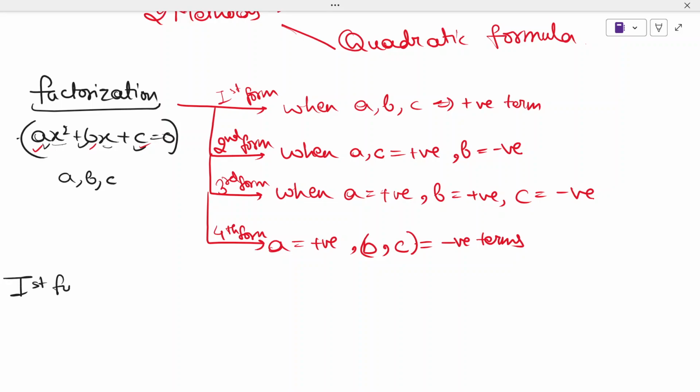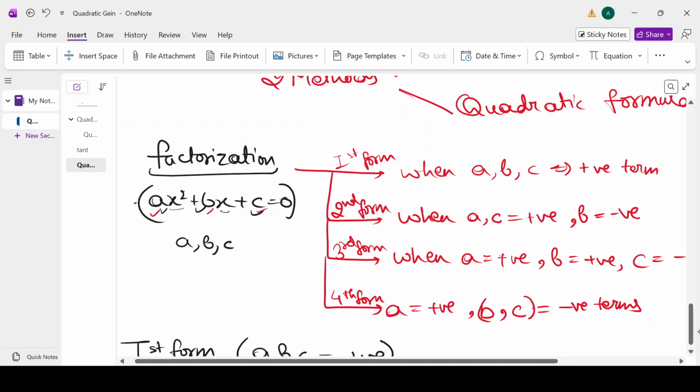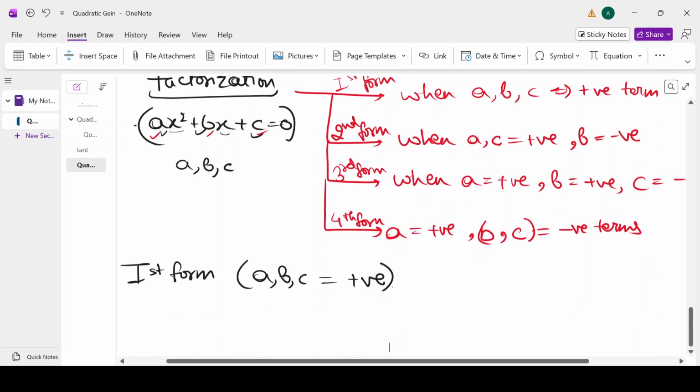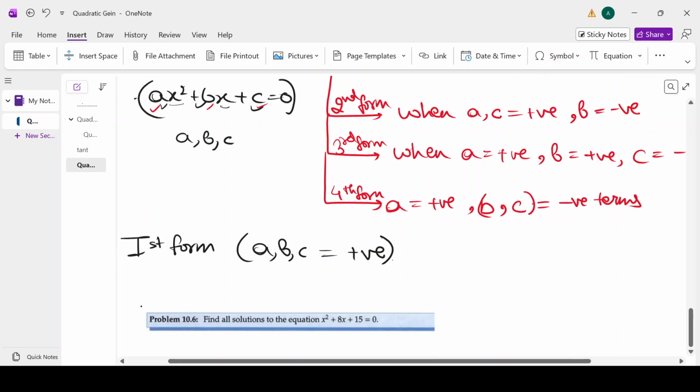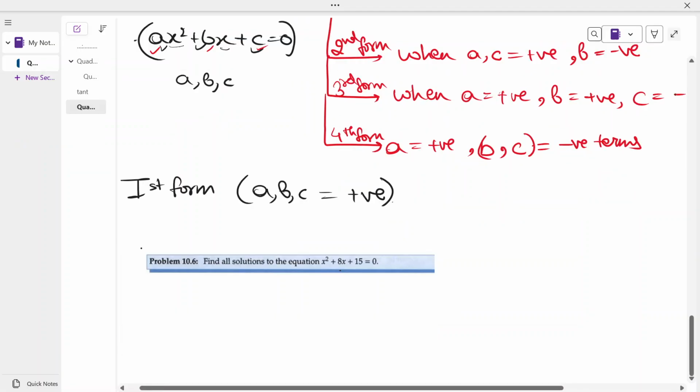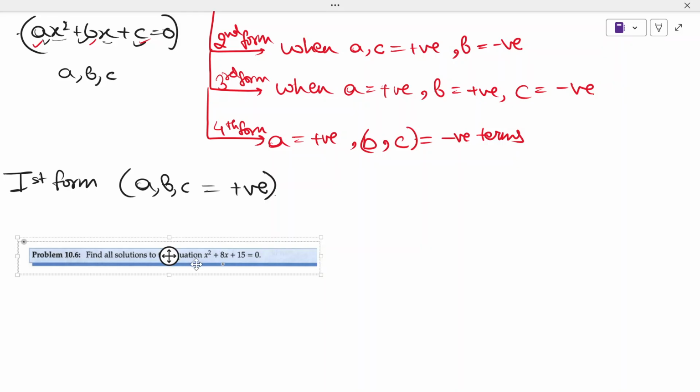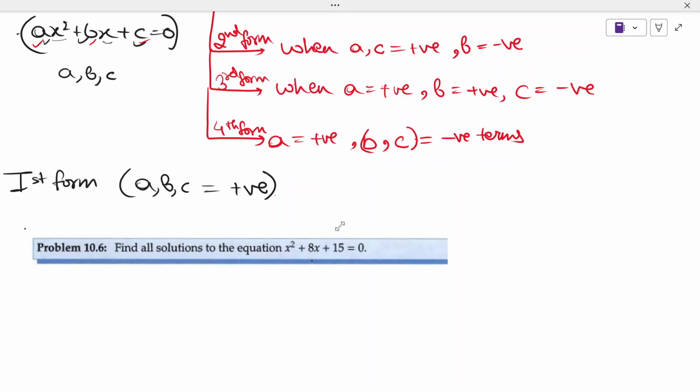First form, where a, b, c are positive terms. Now let's take one example. So this is our first form example.